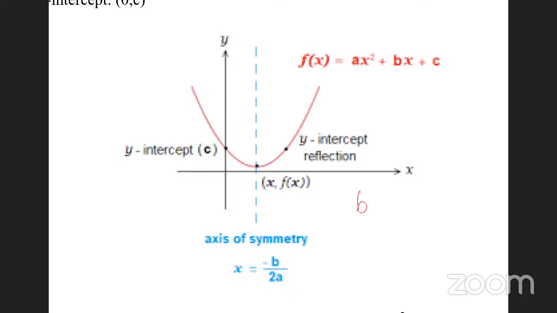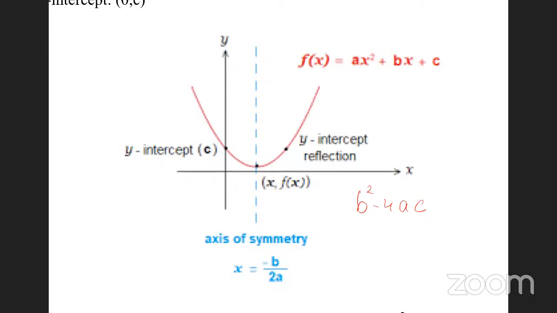b squared minus 4ac is what for that quadratic? Less than 0? You have to pick one.